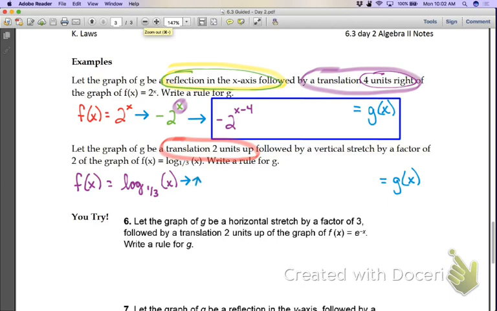Outside it. So log base 1/3, that doesn't change. The x doesn't even change in the parenthesis, and I'm just going to go plus 2. The next thing then says, followed by a vertical stretch by a factor of 2.